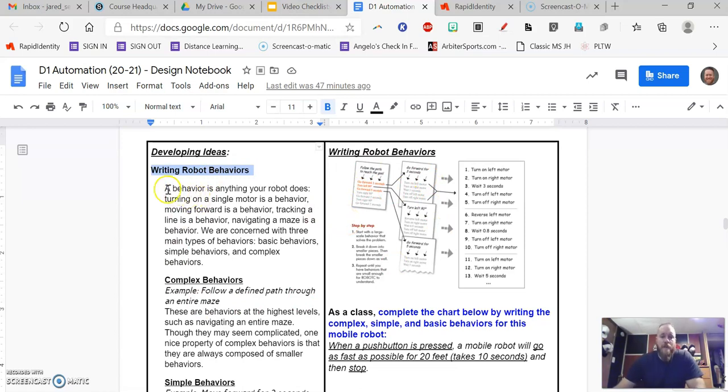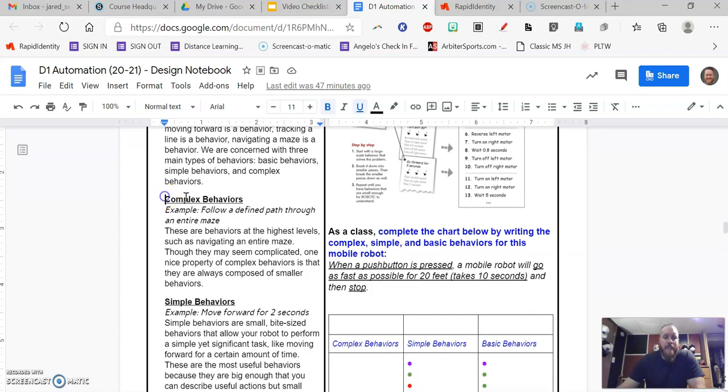So follow along with me as I read over here in the left-hand column this information about writing robot behaviors. A behavior is anything your robot does. Turning on a single motor is a behavior, moving forward is a behavior, tracking a line is a behavior, navigating a maze is a behavior. We're concerned with 3 main types of behaviors: basic, simple, and complex behaviors.